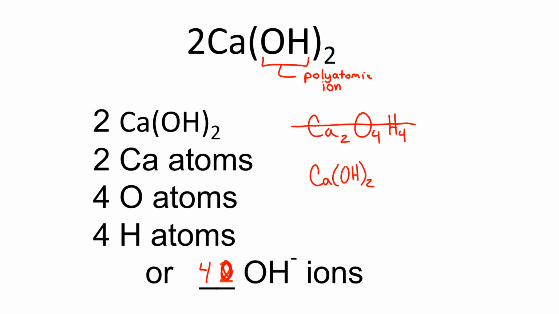CaOH2 is a defined pattern. It's a defined ratio. For every 1 calcium, there's 2 hydroxides. So whenever I deal with that, that's why. 2 times 2.